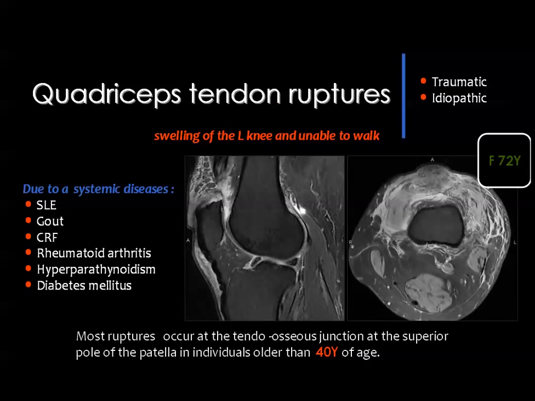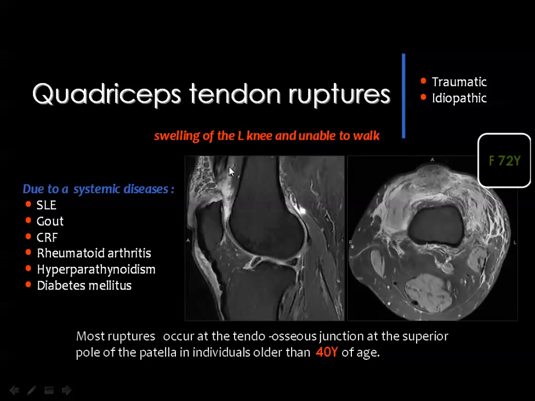This is an example of a rupture of the quadriceps tendon near its patellar insertion, with the interruption of its fibers and the fluid signal intensity at the site of the tear. And here we have to say that some tendons in the body are not ruptured spontaneously. I will mention this whenever it comes in certain joints.